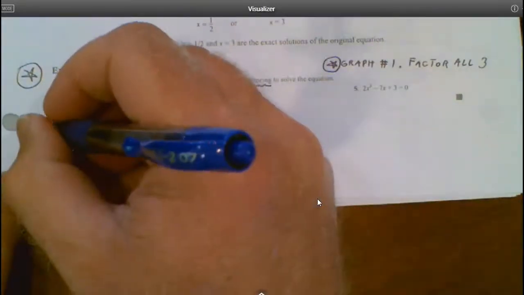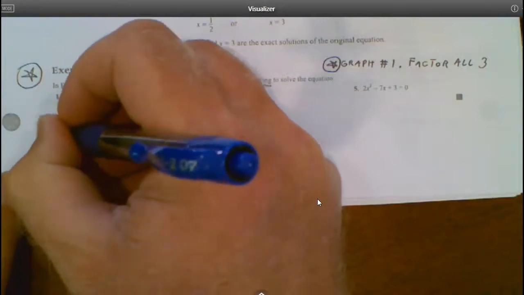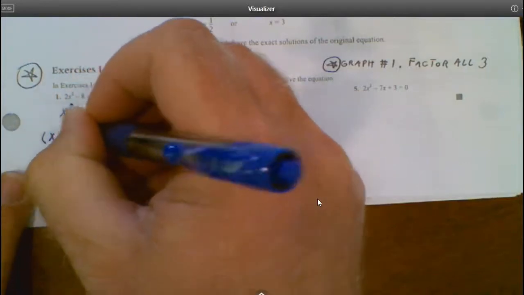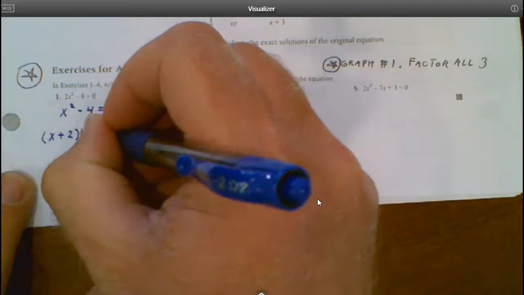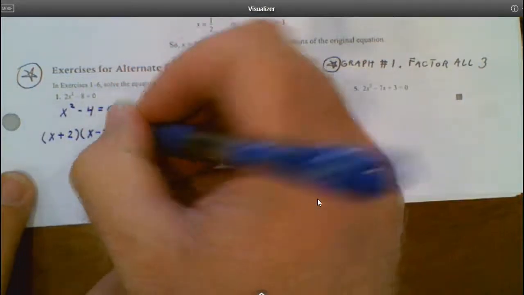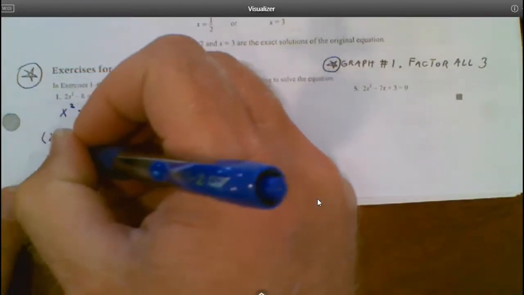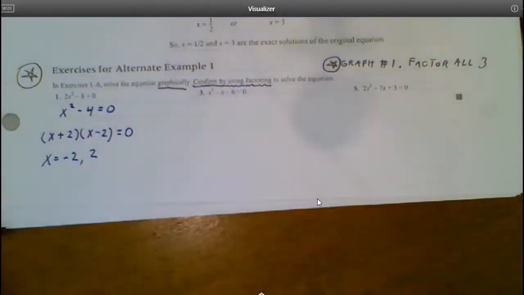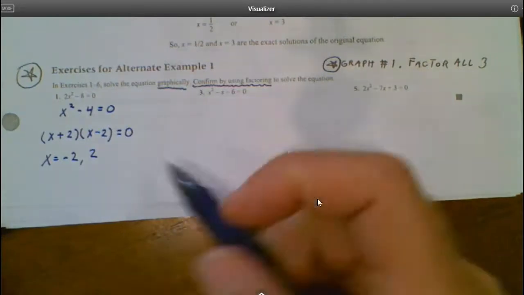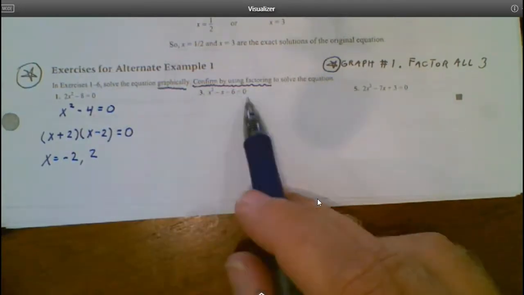So we're going to say x plus 2 and x minus 2. And if I set each one of those equal to 0, that's where we get our -2 and our +2. So we can solve it many methods. That's our factoring method. You guys remember how to factor these.